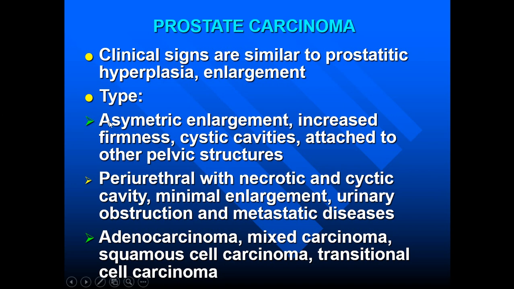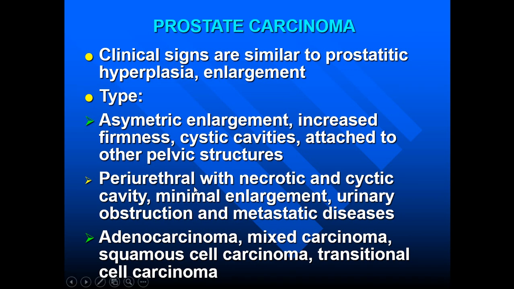Okay, these are the characteristic lesions. Of course, there will be increased firmness, cystic cavities may occur, and it can be attached to the surrounding structures. This is an invasive tumor. It can be easily attached and also invades the surrounding tissue, and the invasion can cause necrosis in the surrounding tissue.